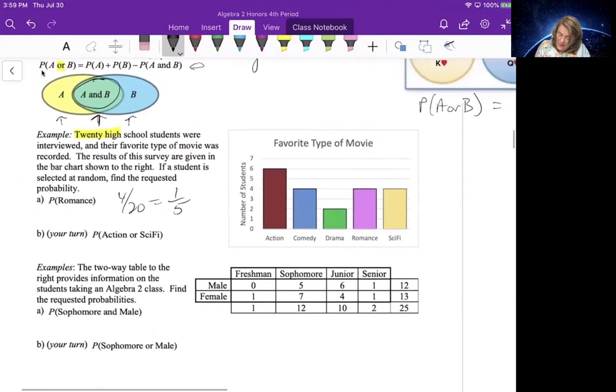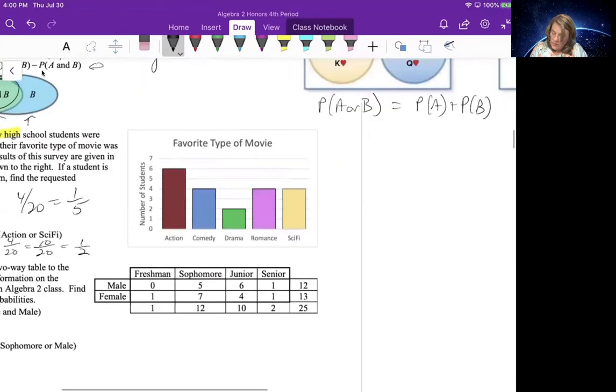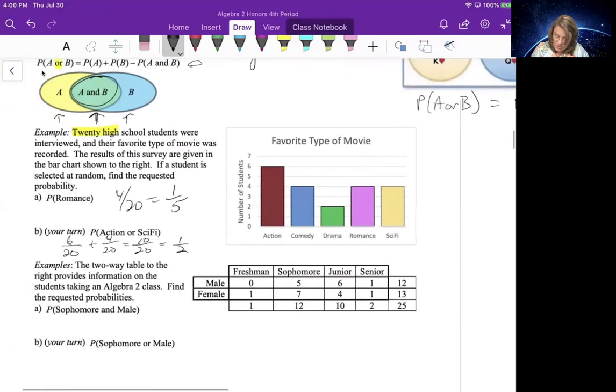The probability of action is 6 over 20, and I add it to the probability of sci-fi, which is 4 over 20, which will equal 10 over 20, and that equals 1/2. That is the probability of selecting a student that either liked action or sci-fi. Those were mutually exclusive events, so I don't have to take into consideration any overlap.